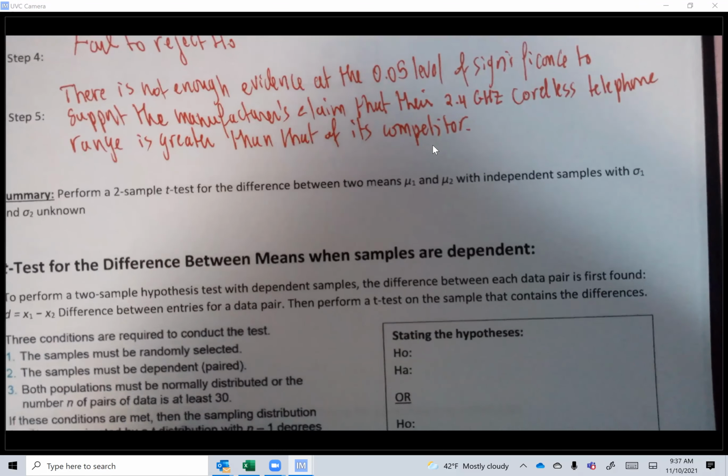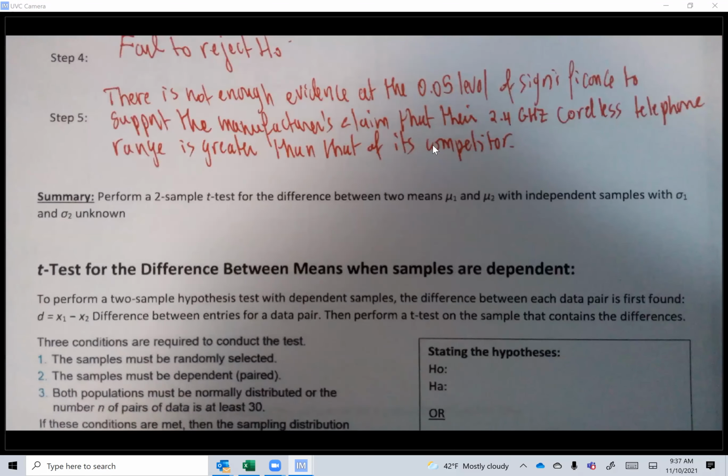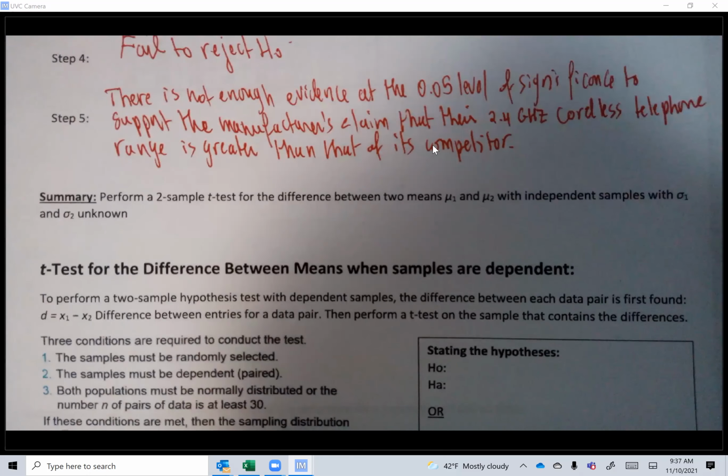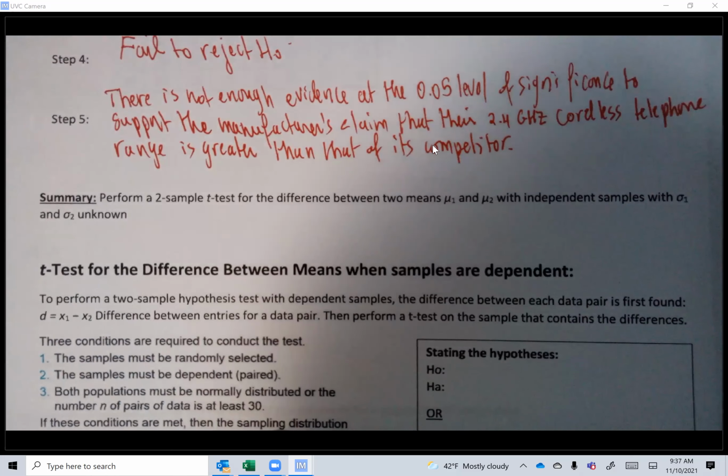So in summary, guys, for section 2, perform a 2-sample t-test for the difference between two means, mu1 and mu2, with independent samples when sigma 1 and sigma 2 are unknown.